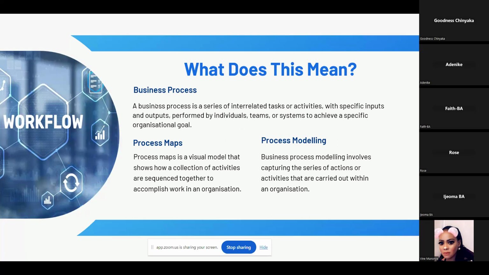You know what the different inputs and outputs, who does what, where, what actions happen and what is the result or the outcome of that action. And then you're now like, okay, fine, now I know what the process is. I've modeled the process. I want to create a visual representation of that model. And that's how you now get a process map. So sometimes they're used interchangeably, but they kind of mean different things, slight nuances.